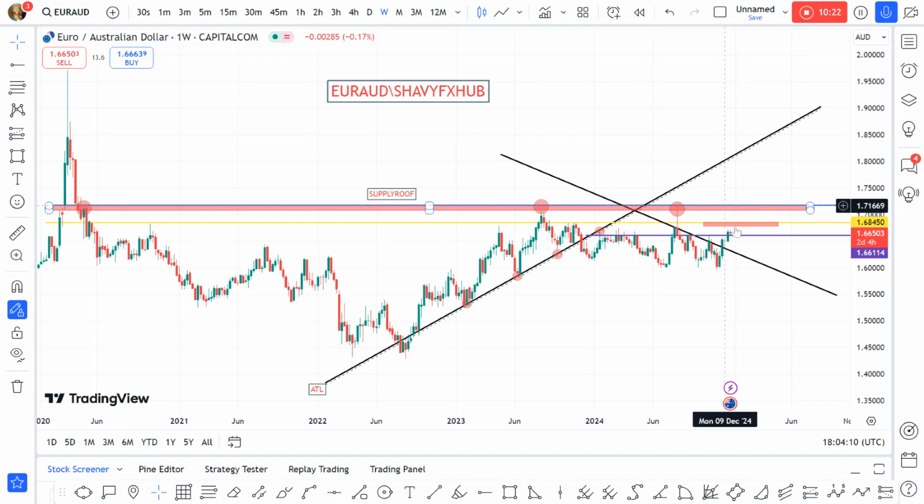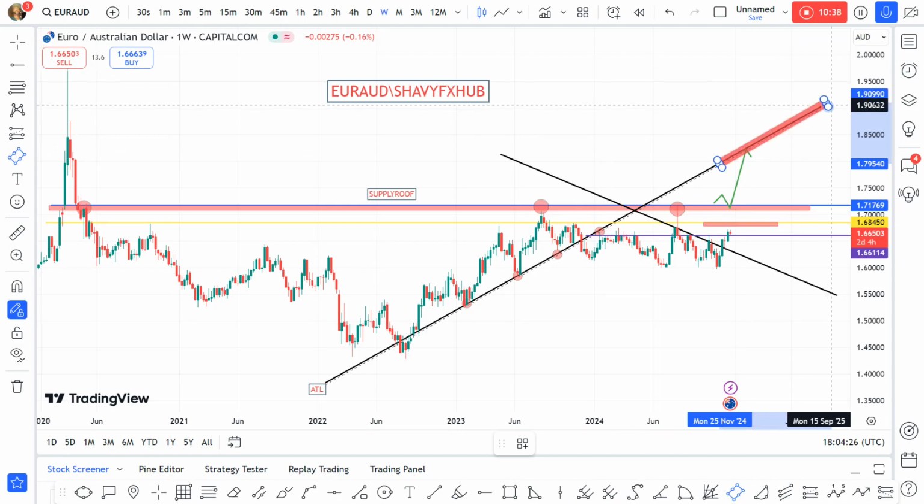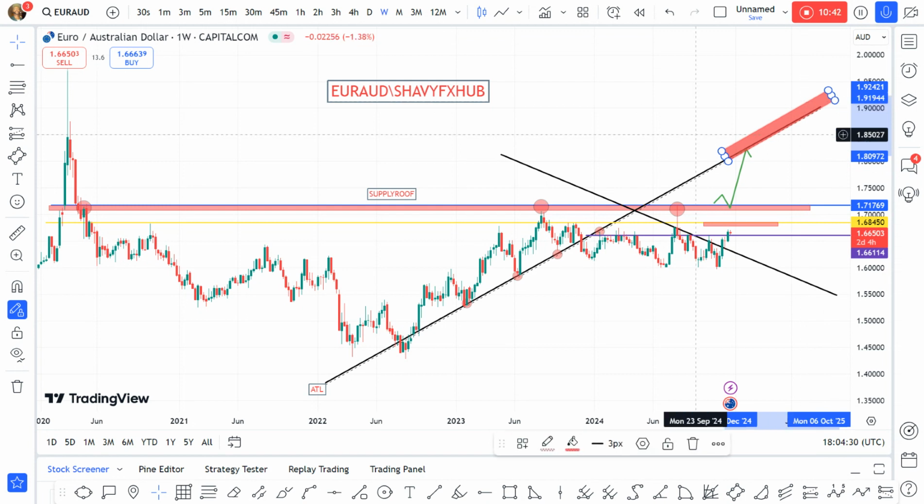Then if we manage to break this roof, ultimately it's doing what we want. What Shafi FS Hub wants to see is a return into a breakout from an ascending trend line. If price returns into that level, it will be a good day, a time to celebrate based on our strategy. It will be a time to go short again.